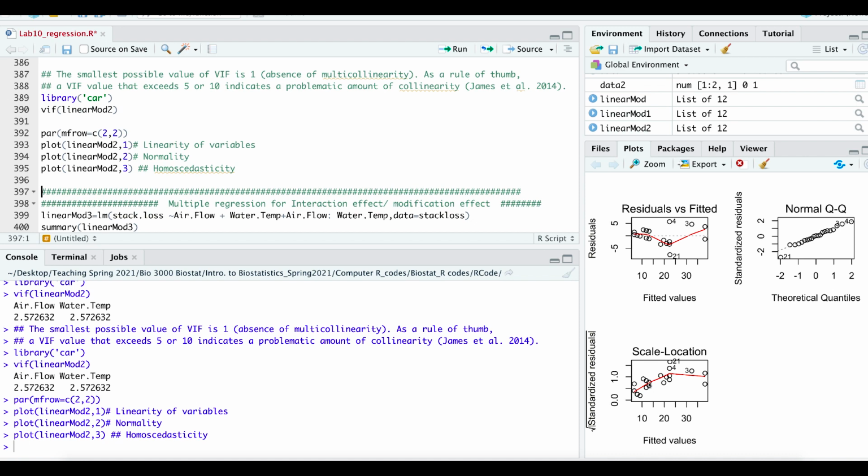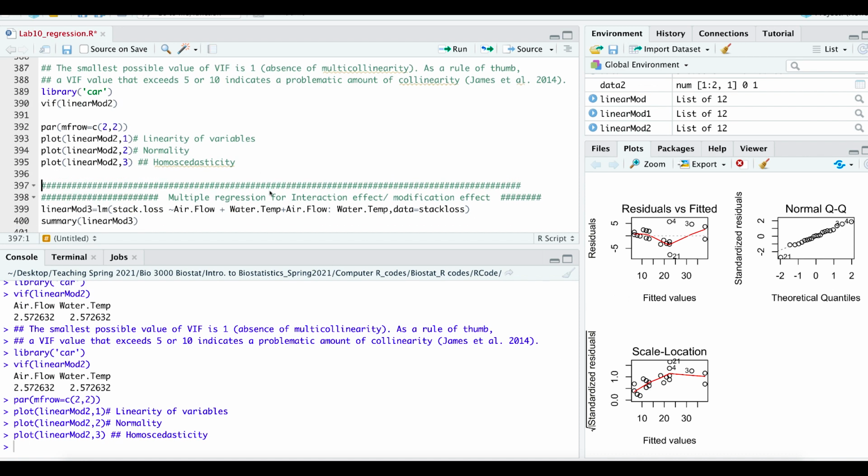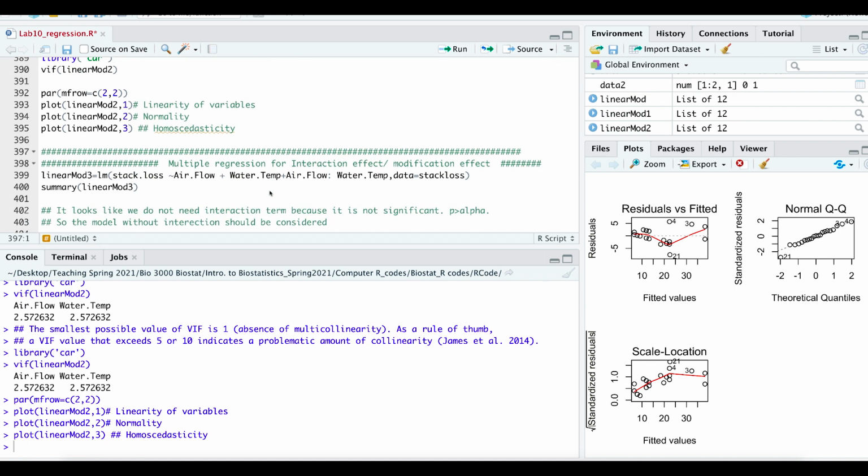The next thing is that sometimes we look at whether there is an interaction effect, which we also call the modification effect. I am taking the same data set and doing airflow plus water temperature plus airflow colon water temperature. That means you're trying to see the interaction effect. If you run this, what do you get?